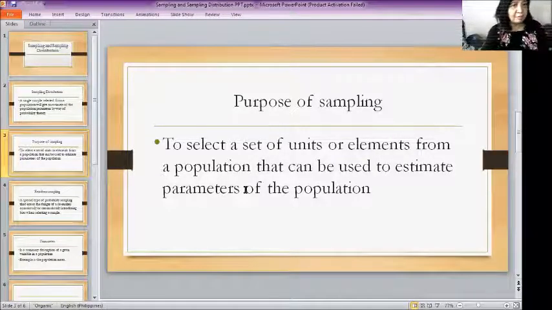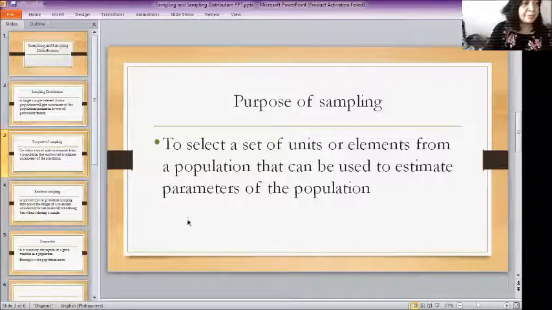If you get samples from the population, instead of considering all the individuals, you will just need to study a smaller group, and that smaller group can be used as an estimate for the parameters of the population.